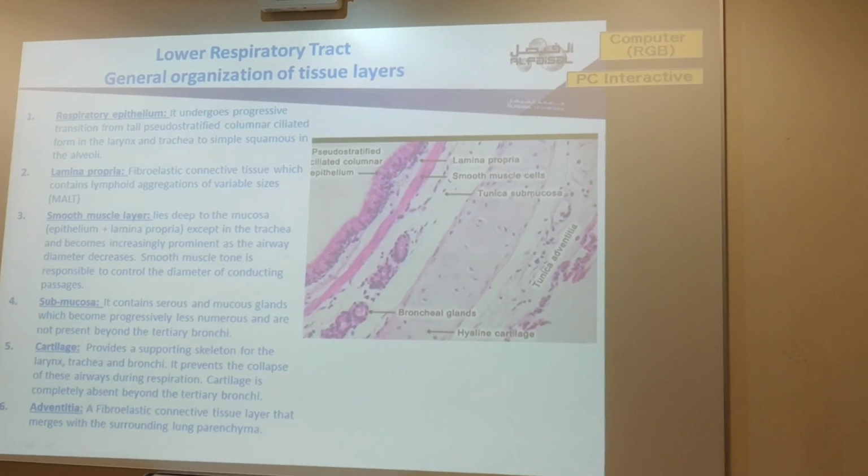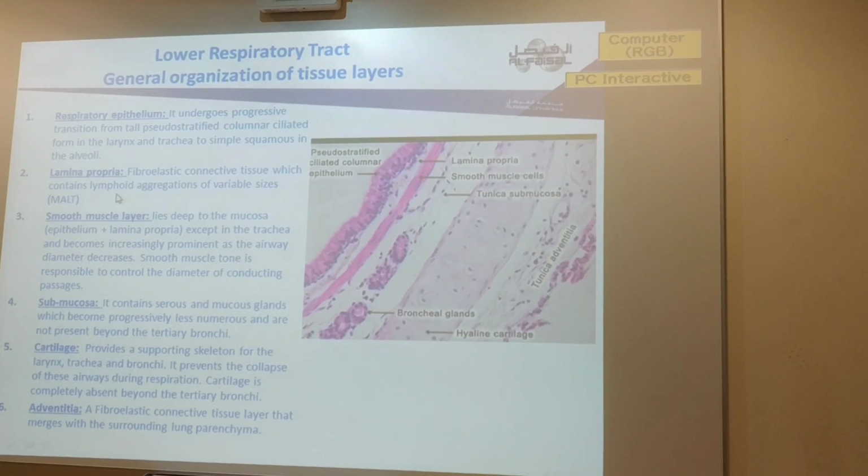Okay? Lamina propria is a normal connective tissue with all its constituents. A smooth muscle layer. Normally, the smooth muscle layer is present at number 3: 1, 2, 3. And the arrangement of the smooth muscle layer is beautiful in the respiratory tract. It's not circular. It's not longitudinal. It's like a spring, a spiral, like the shock absorbers of our vehicles.